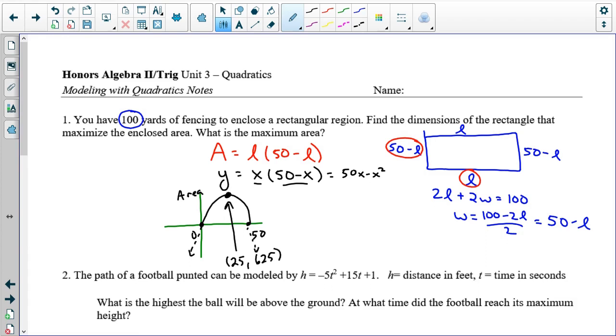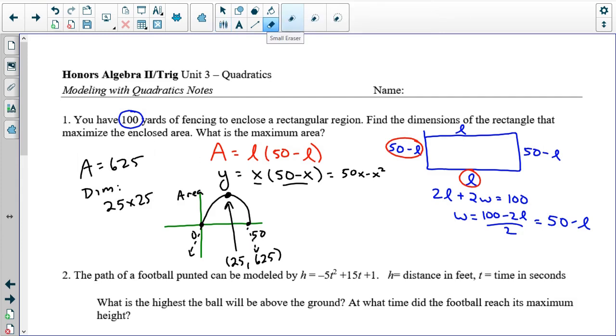So my maximum area is 625, and this occurs with dimensions 25 by 25, and the area would be in feet squared, or I'm sorry, yards squared. And then this would be yards and yards.